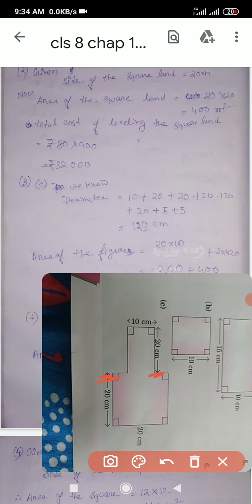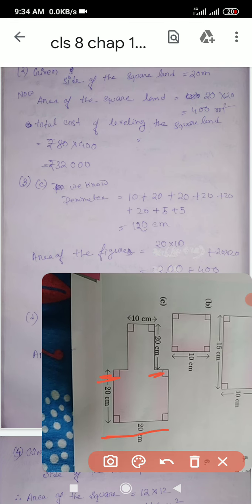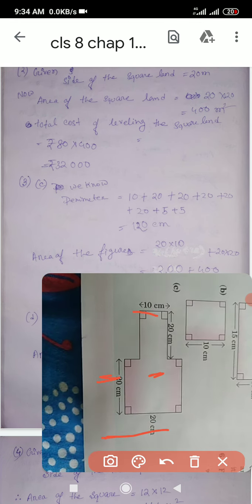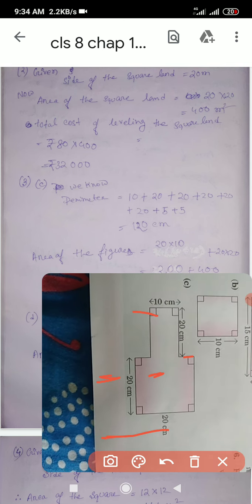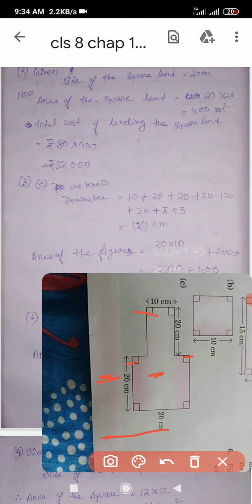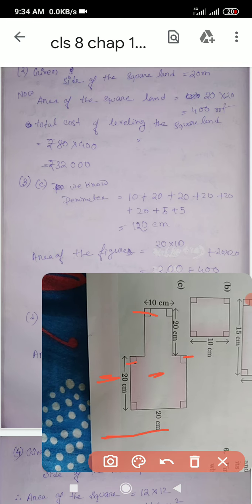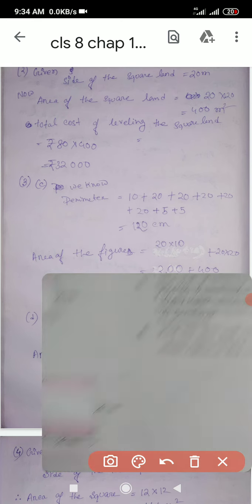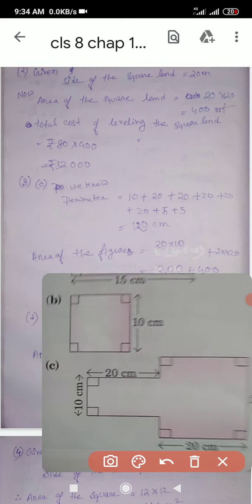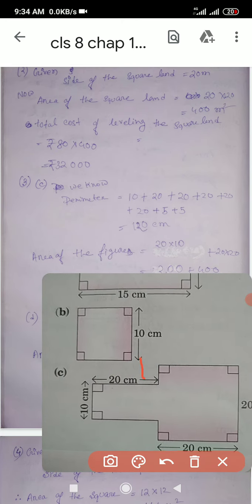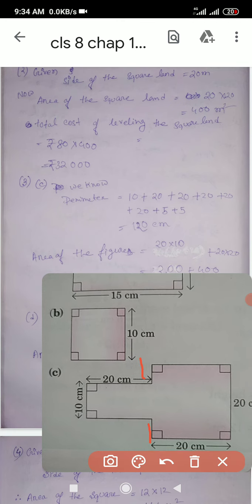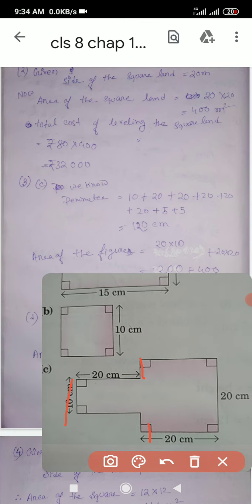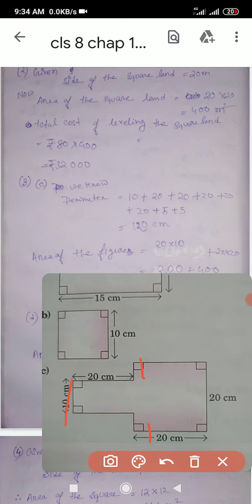Since the total side is 20 here, and this much is given as 10, this part and this part will be 5 each to give us 10 in total. This part must be 5, this part must be 5, so 5 plus 5 gives us 10, and this 10 plus 10 will give us 20.